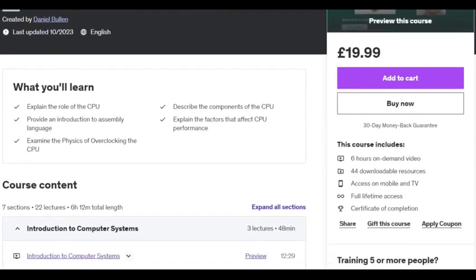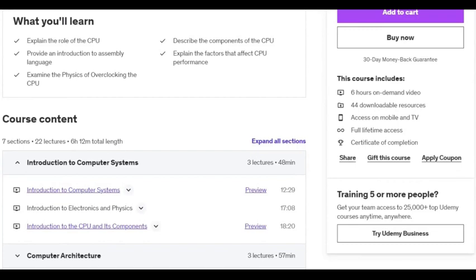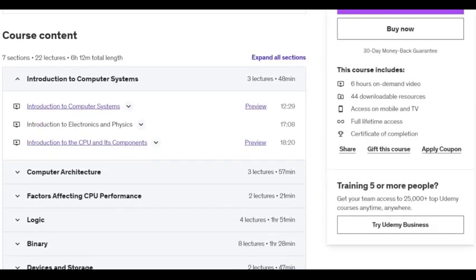In it, you will learn things like explaining the role of the central processing unit, describing the components of the CPU, an introduction to assembly language, which is low-level programming, and explaining the factors that affect the performance of the central processing unit. I've also put in another bit that I'm interested in, the physics of overclocking the CPU, which made me develop an interest in electronics and also physics. So there's a lot more to it than even we realized.